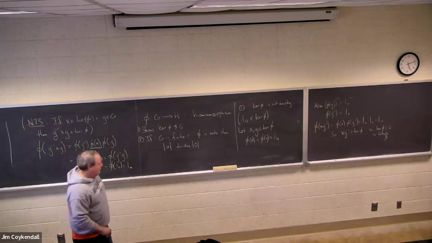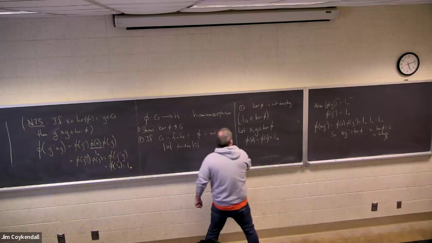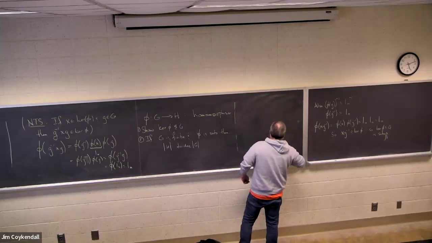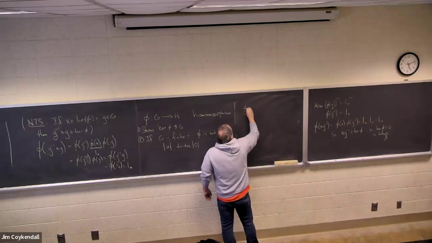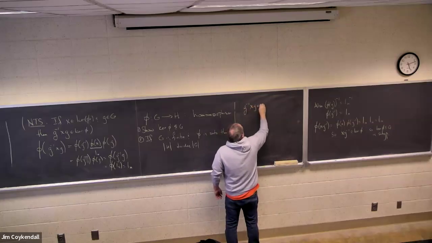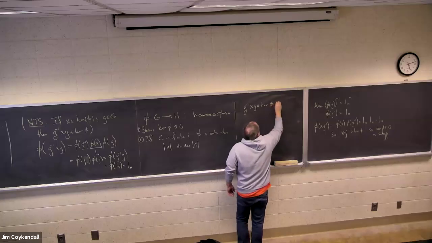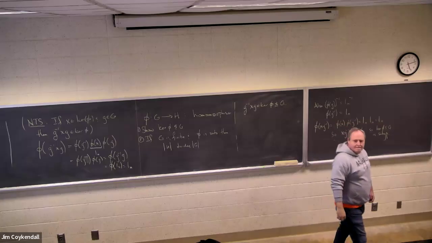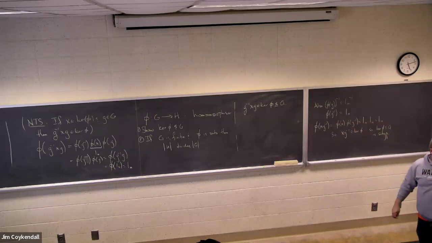And so we come to the conclusion that it's the identity. So the kernel of phi is normal. Everybody okay? Okay, so we've conquered number one. Everybody clear on how that worked out for us?